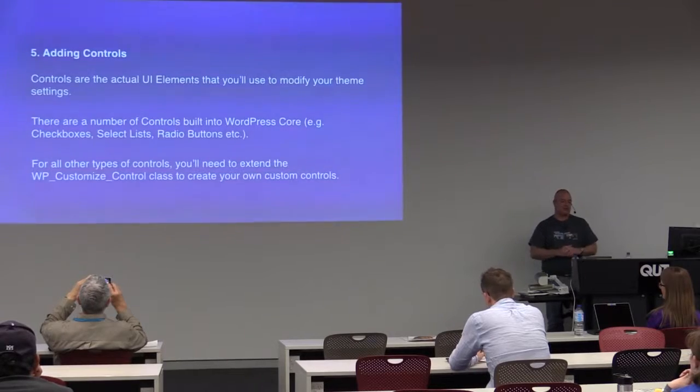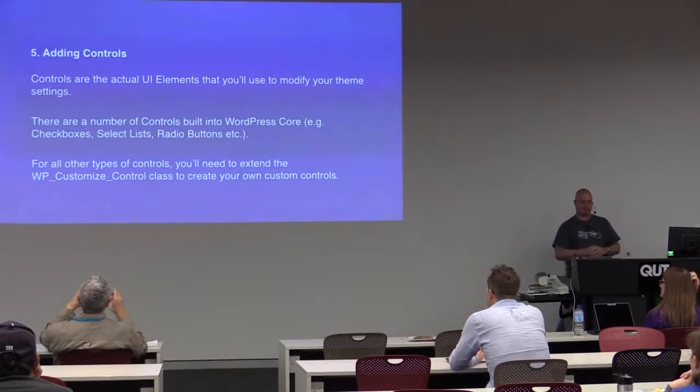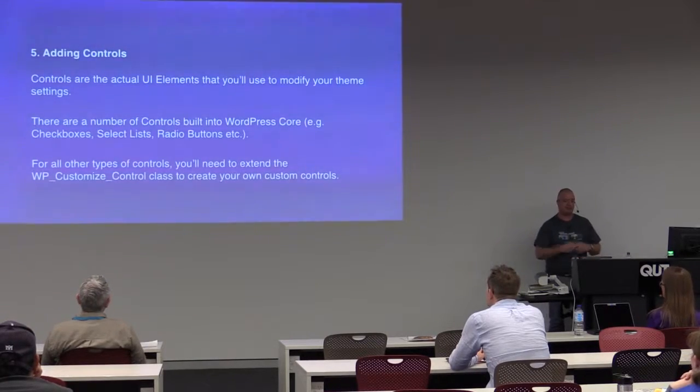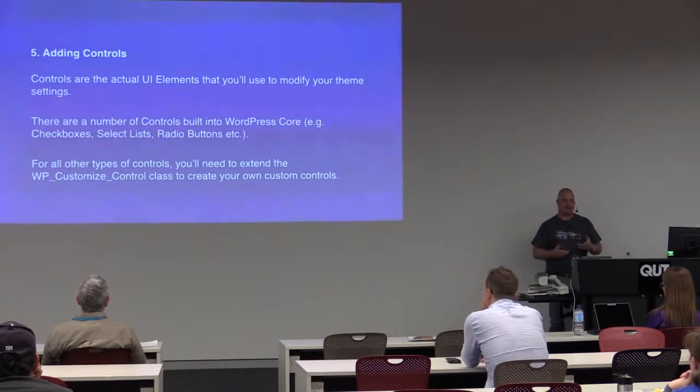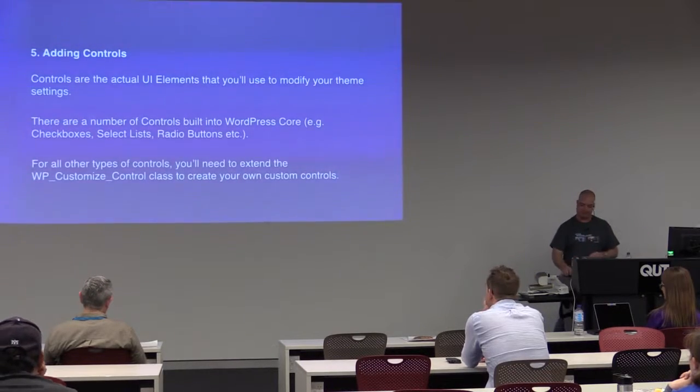Controls are the actual UI elements that modify your theme settings. There are a number of built-in controls, like checkboxes, select lists and radio buttons. For all other controls, you need to extend the WP_Customize_Control class, and by doing that you can create your own custom controls.